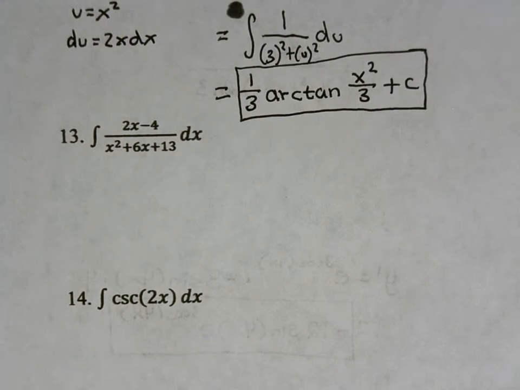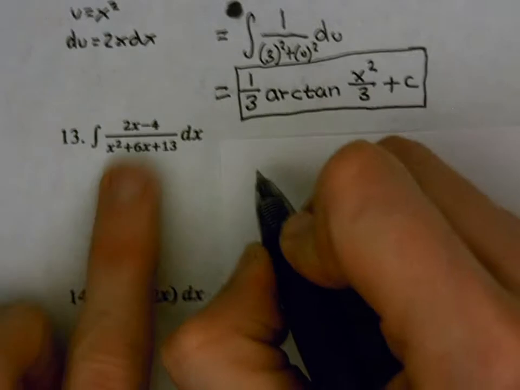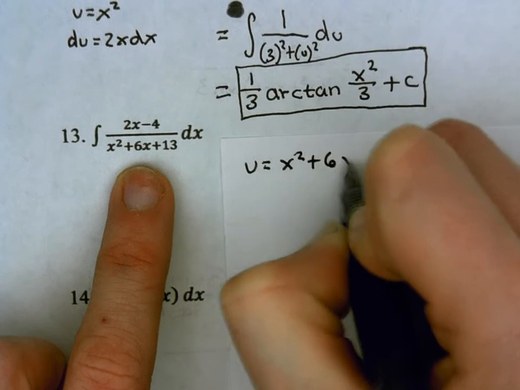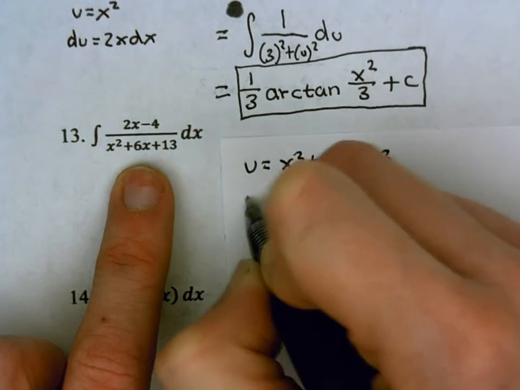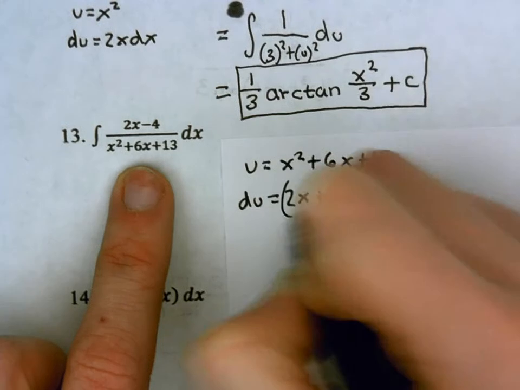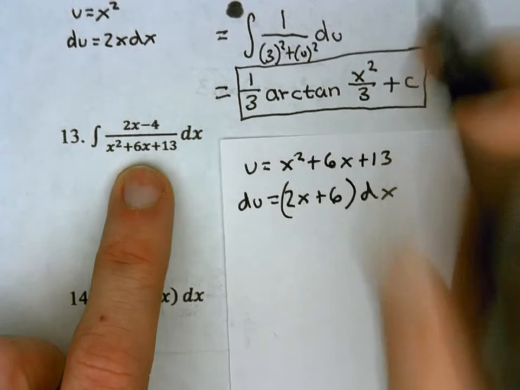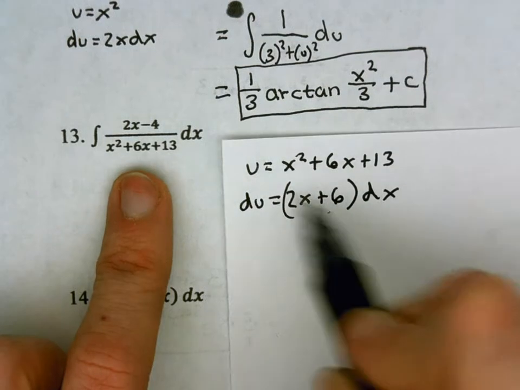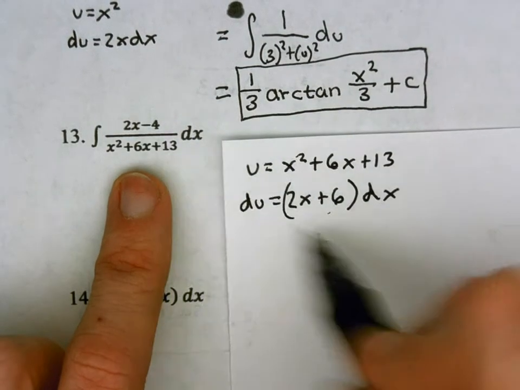Okay, number 13, you're going to try a couple of things. Try a u substitution, try completing the square. So when we do our u substitution, we get u is x squared plus 6x plus 13. du is 2x plus 6 dx, and we notice that's pretty close to what we have, 2x minus 4, 2x plus 6, right? The only difference being that last term.